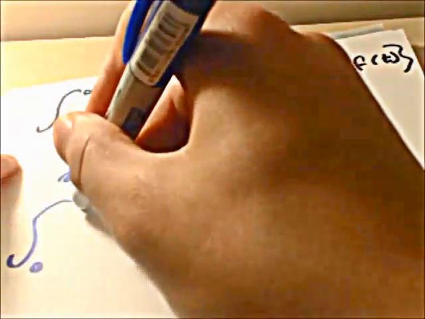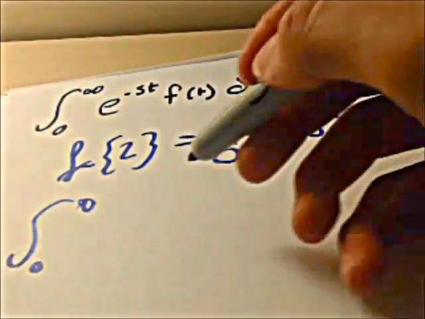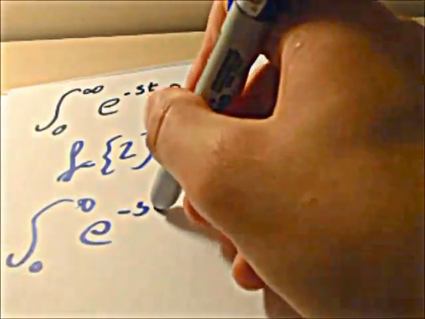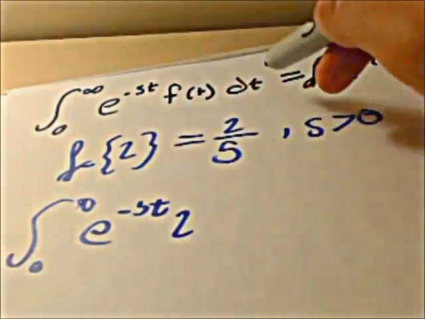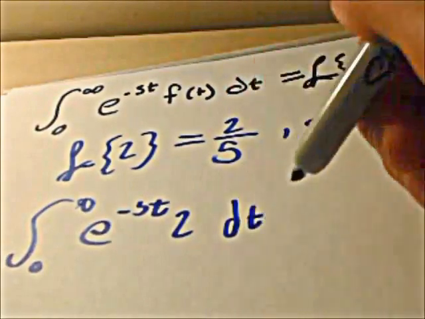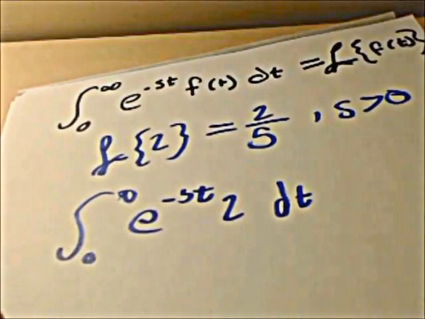So, the integral from 0 to infinity of e to the power minus st, times f(t), which is 2 here, dt. Here it's just a simple integral.